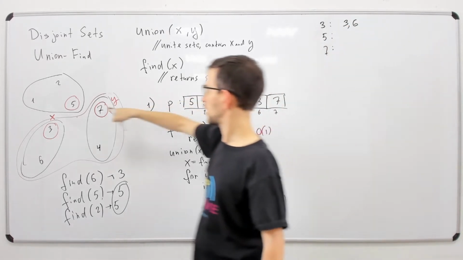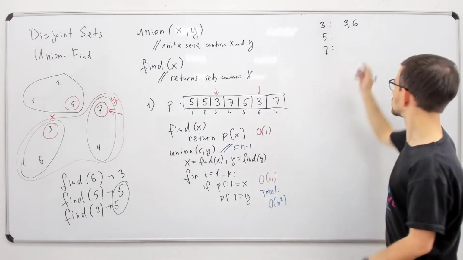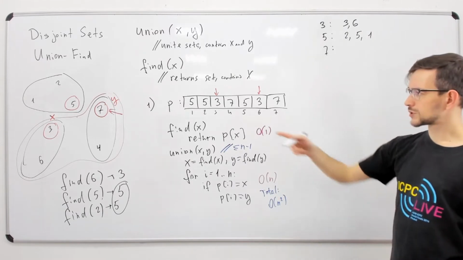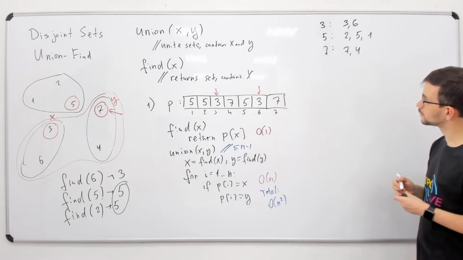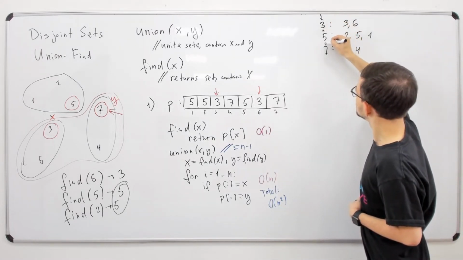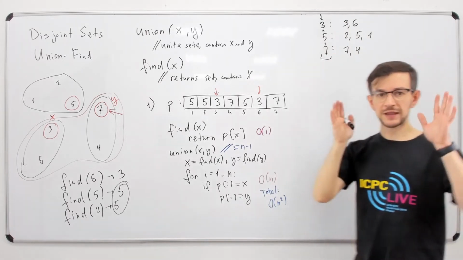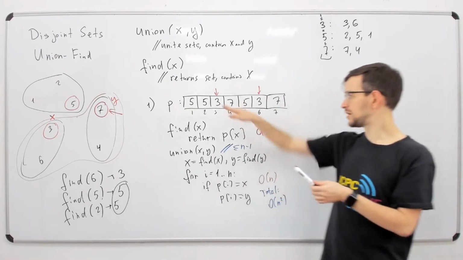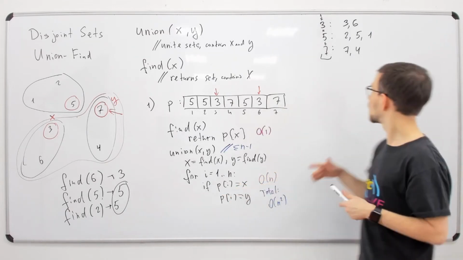For 5 we have elements 1, 2, and 5. This list shouldn't be sorted, so we could have, for example, 2, 5, and 1. And for 7 we have 7 and 4. And we also have empty lists for 1, 2, 3, 4, 5, 6. So let's maintain n lists. For each element X, we will maintain the list of all indices such that the value is equal to X.